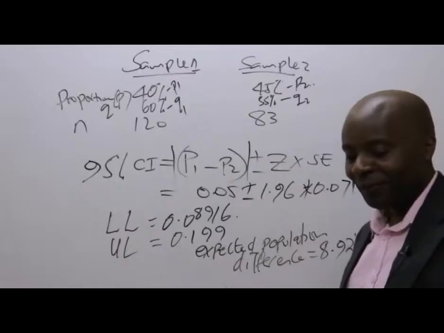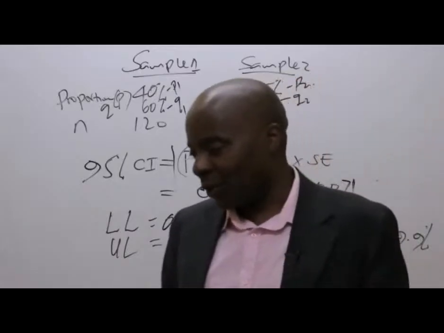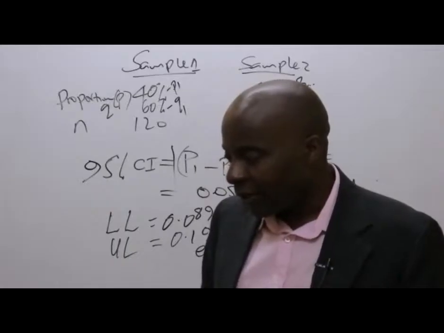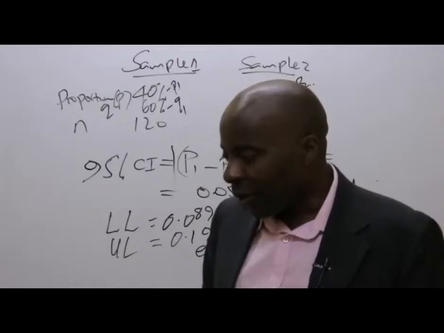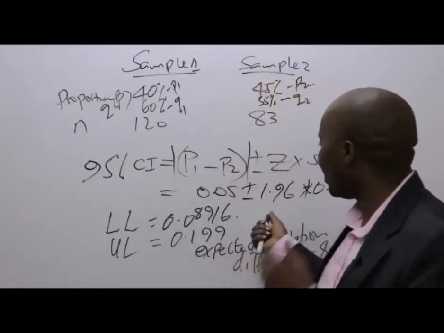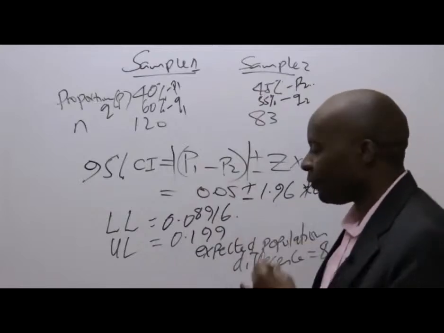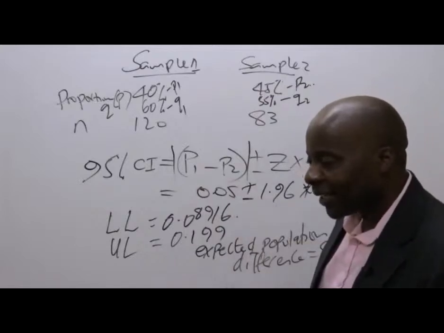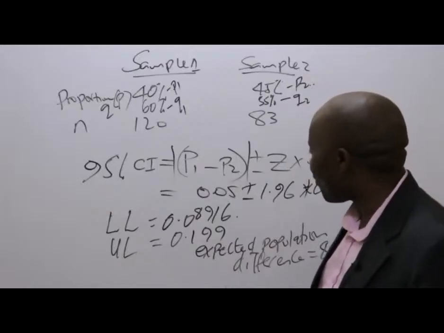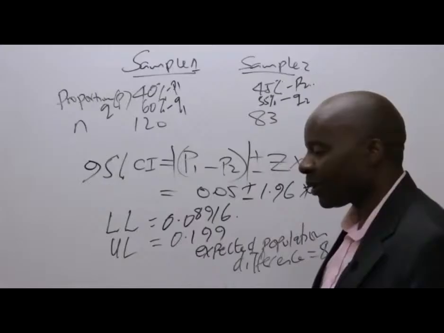Now, ladies and gentlemen, write another title. We are still talking of, no, in the limits, we don't ignore the negative. In the limits, for example, is the lower limit here negative? 0.05 minus 1.96 times 0.071.